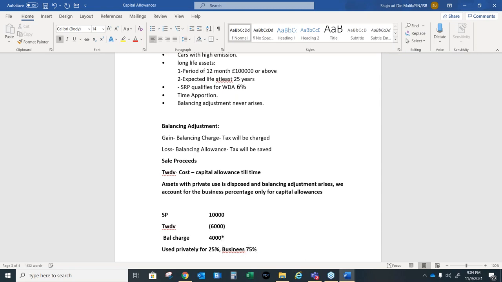So I will only be taking 75% of this balancing charge, or balancing allowance, to my final capital allowance figure. Please note that a balancing charge will reduce the amount of expense, and a balancing allowance will increase the amount of the expense. I hope you are clear.